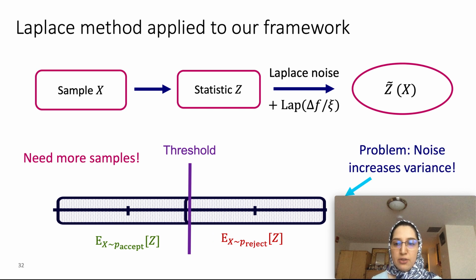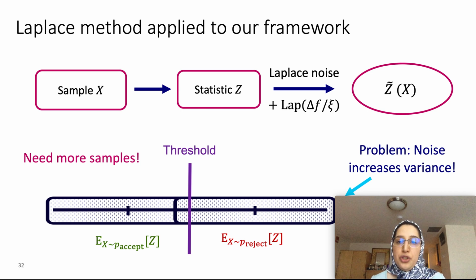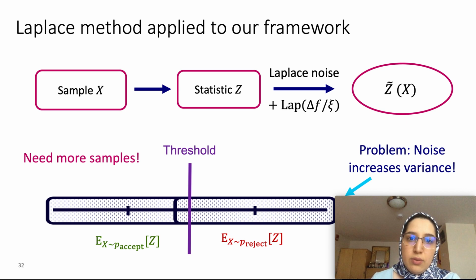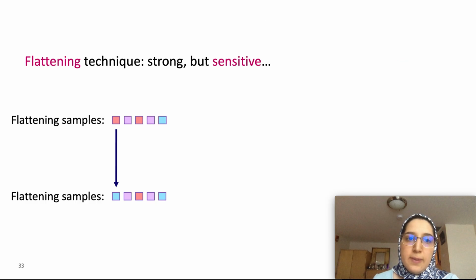Basically, the concentration intervals get larger, and we need many more samples to make the concentration bounds small. And at least for this closeness tester, it definitely makes the algorithm suboptimal if we do this. So we have to think of other approaches.